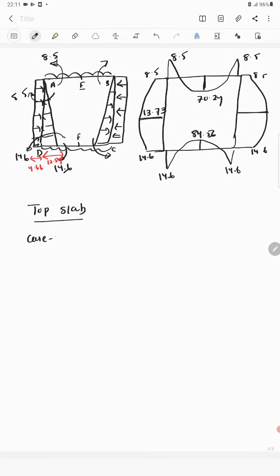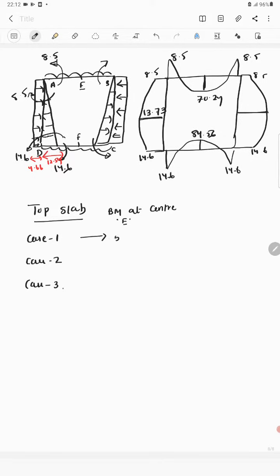This is case 1, case 2 and case 3. For case 1, what is the bending moment at the center, that is at point E?